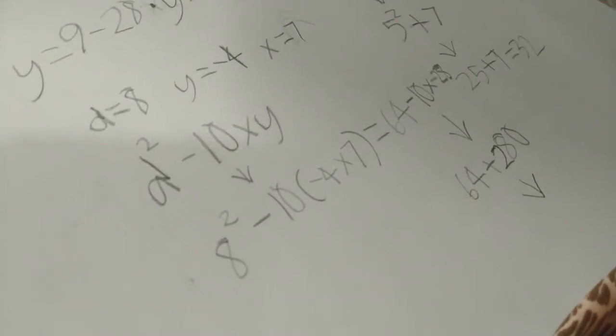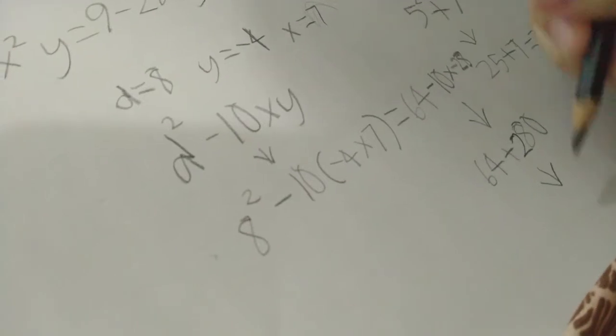See, it doesn't matter. So 64 plus 280 is 344.